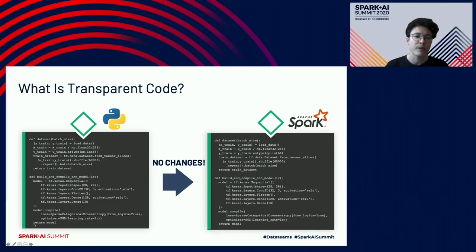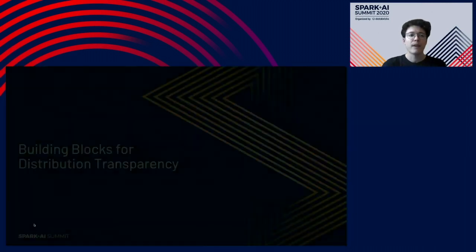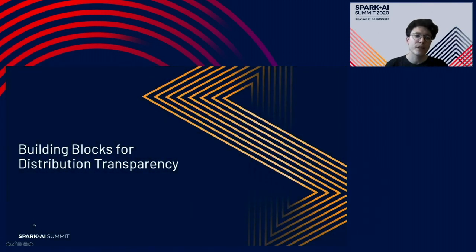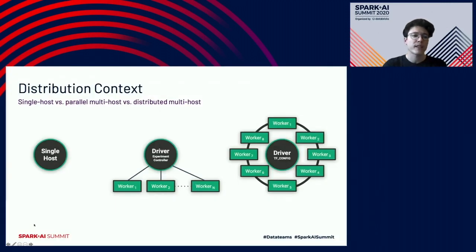With transparent code, we mean that when you develop a model in pure, standard Python, we want to scale it out on Apache Spark or any other execution engine without having to make any changes to the core code of this model. To do this, we need to realize that there are a few building blocks that we need. The first one is that we need to see what the distribution context is that we're in.